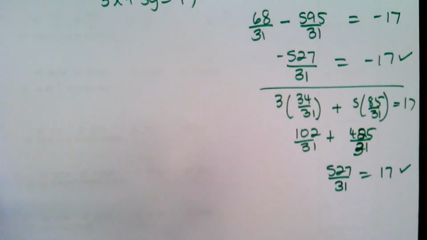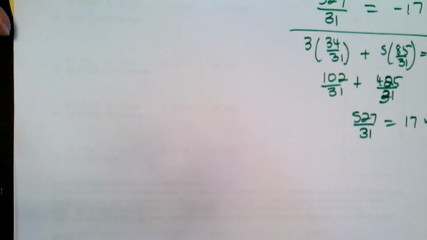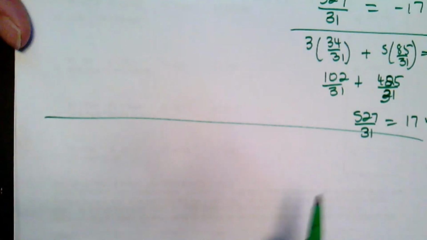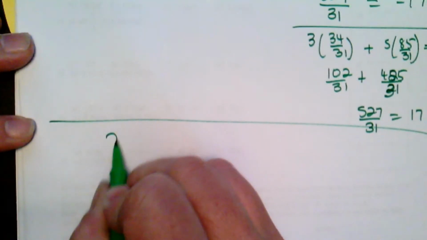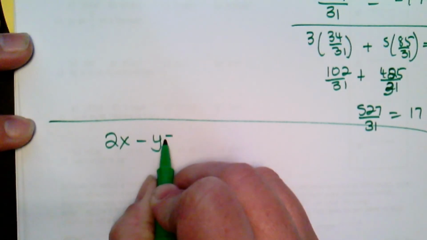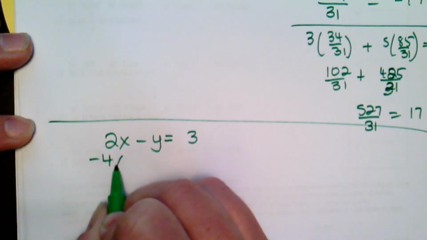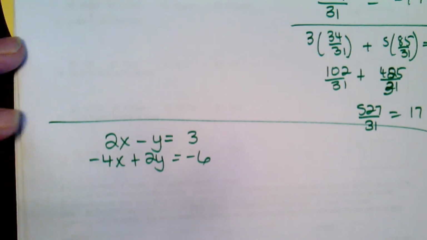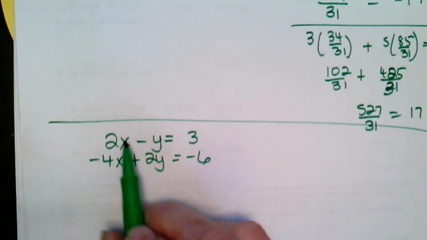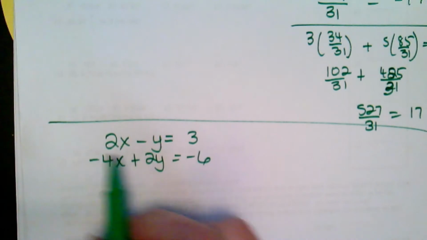And then just like when we do the addition, we can have infinite solutions also. Let me give you an example. So we want to make these opposites, so I like the way this one's looking.